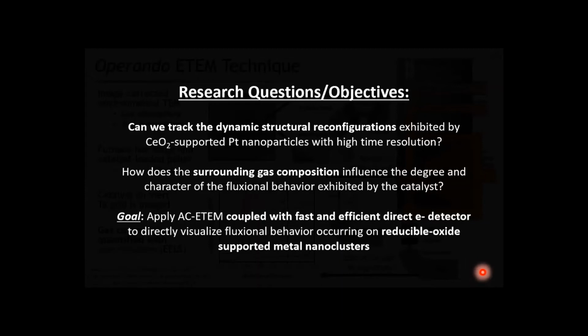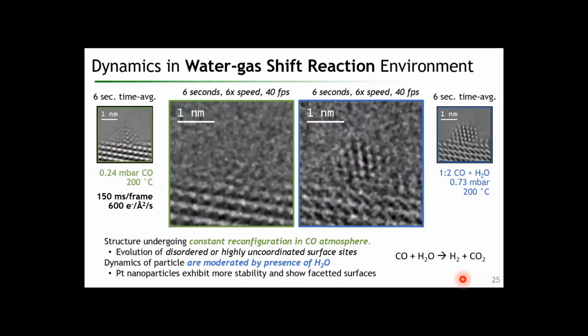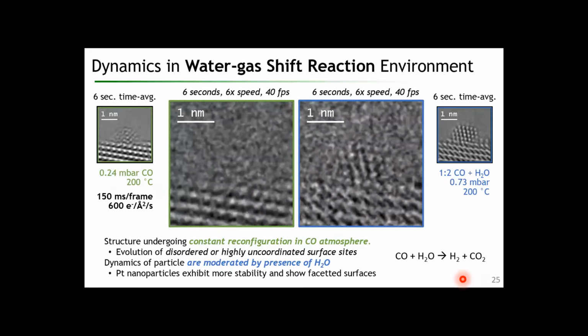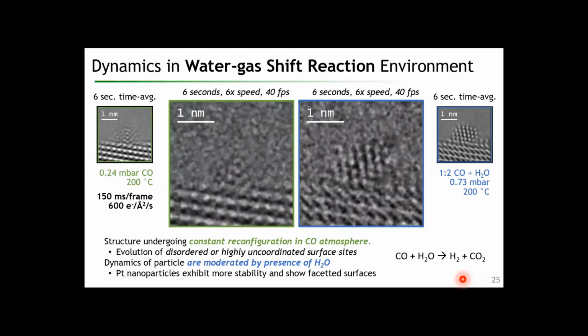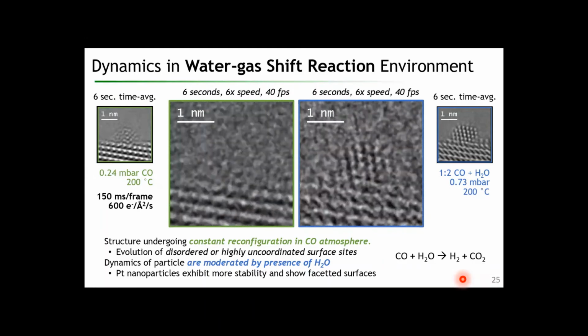To this end, we apply aberration-corrected environmental TEM coupled with direct electron detectors to directly visualize the fluxional behavior. This work was done in collaboration at the time with Renu Sharma, who hosted me at NIST. The first project was also done in collaboration with Anatoly Frenkel at Brookhaven National Lab.